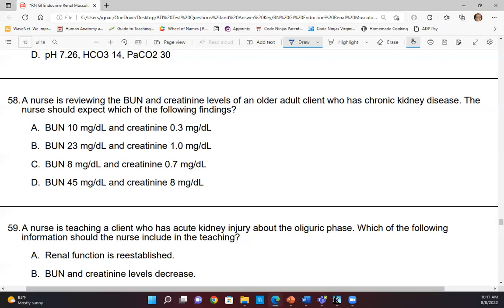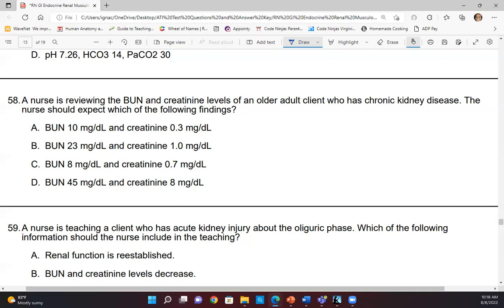And when we think about the BUN and creatinine levels, it's important to remember our lab values, right? And so the normal BUN is 10 to 20 milligrams per deciliter. The normal serum creatinine for males is 0.6 to 1.2 milligrams per deciliter.